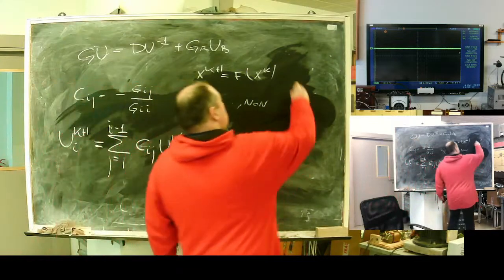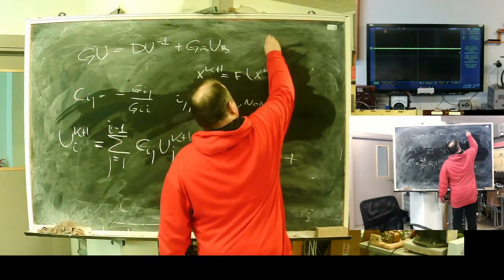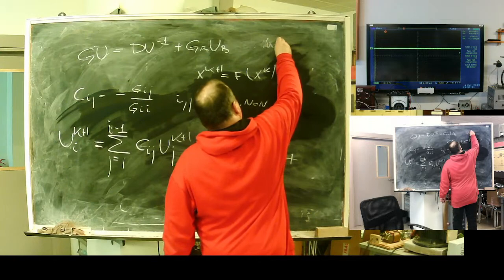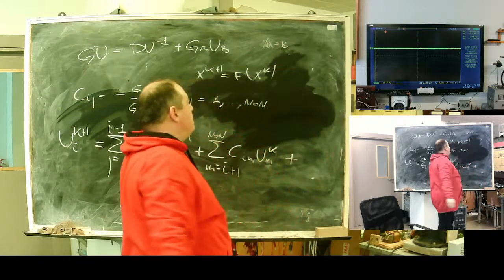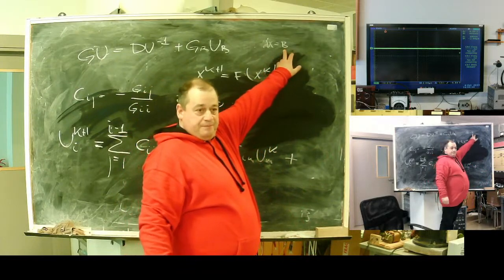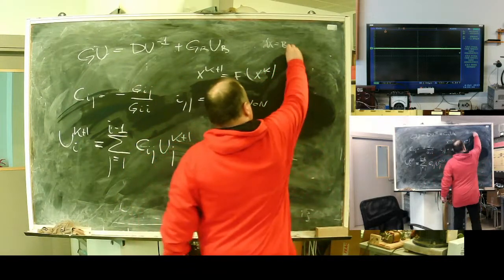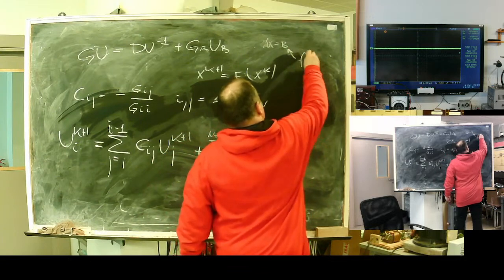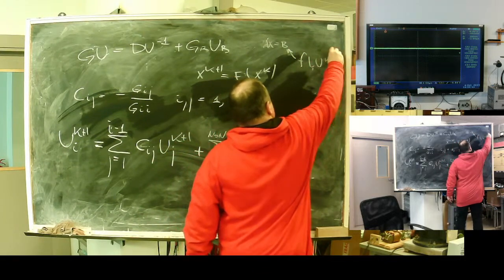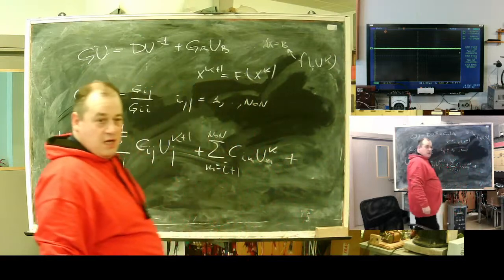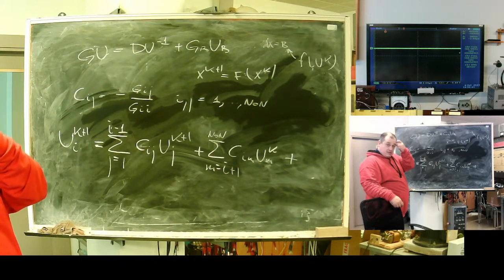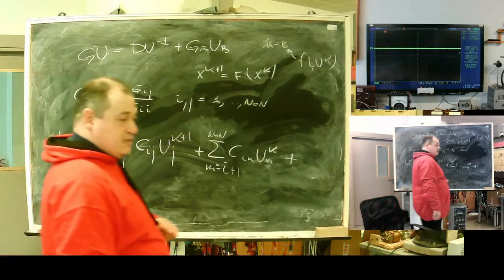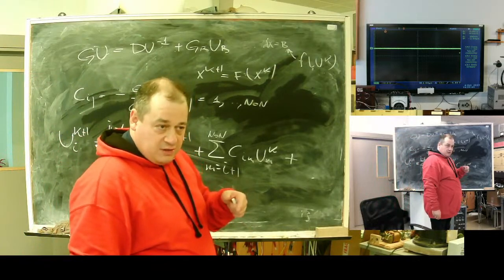For a classical system, this part is constant. In our case, it will be a function of previous voltage. Controlled current sources, all this array, will receive their values on the basis of previous voltage.